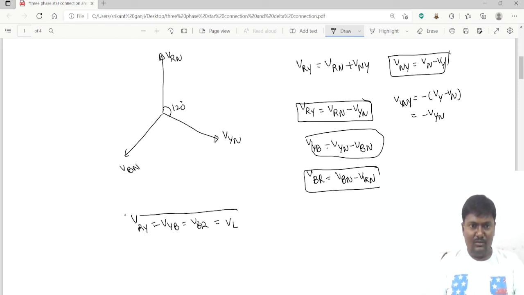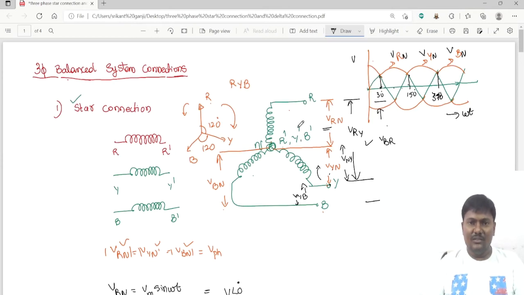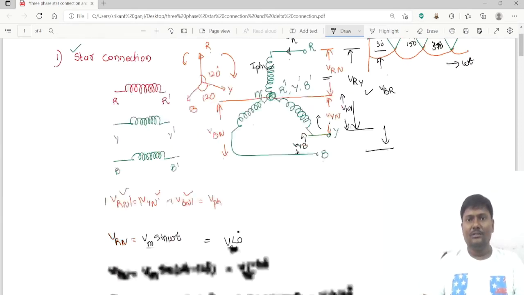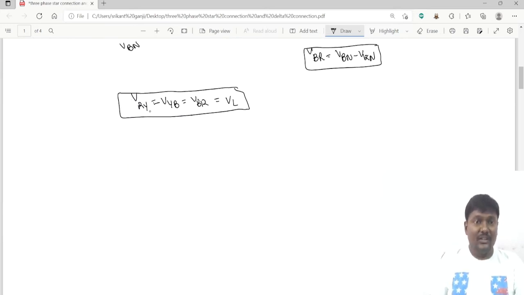So by seeing this diagram, we can tell that the phase voltage and line voltages both are different. The current flowing through the phase is called the phase current IR, and the current which is flowing through the winding is called the phase current, and IR is equal to I phase. IR is equal to IY is equal to IB is equal to line current is equal to phase current.